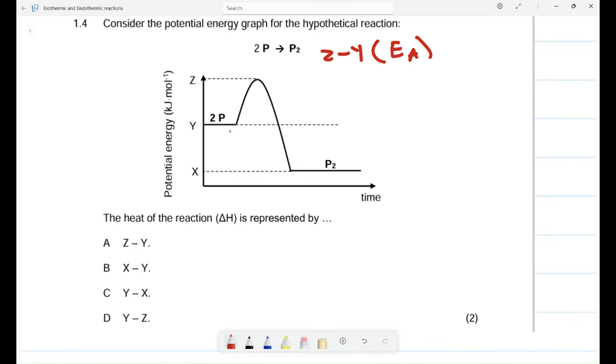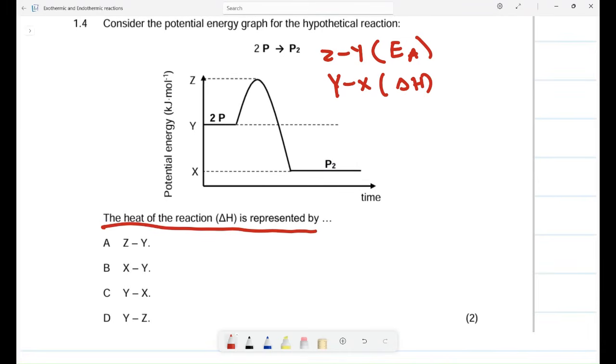We know this is the energy of the reactants, this is the energy of the product. So from here to here, this is my change in H. Y minus X, it is my change in H for the forward reaction. For the reverse, if they want the reverse, this will be my EA, then my change in H will be the same.